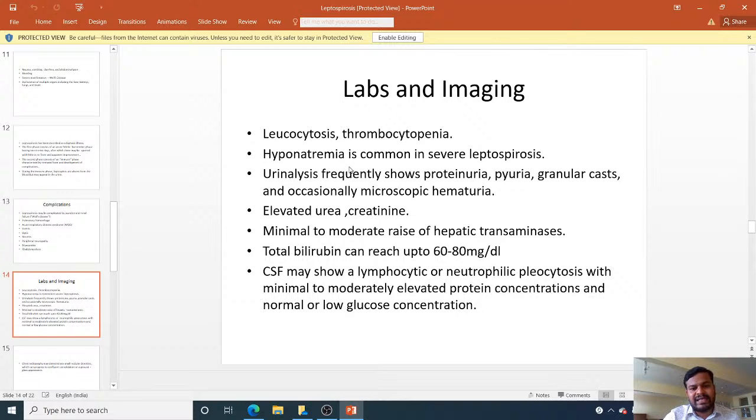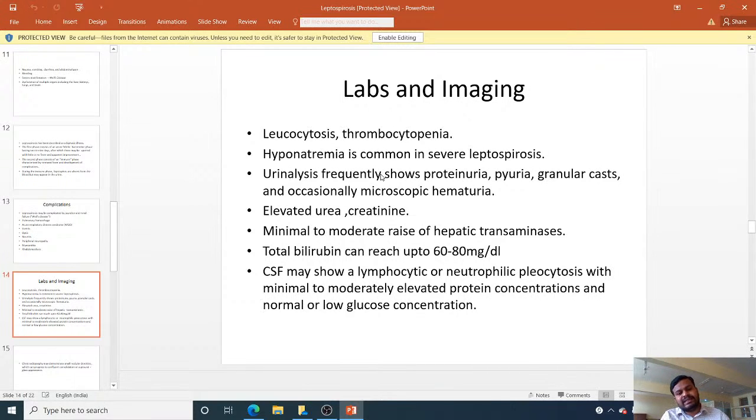So the sodium potassium 2 chloride channel is altered, and so there will be loss of sodium. That is the mechanism of how the hyponatremia happens. So remember hyponatremia as one of the investigation findings in leptospirosis.